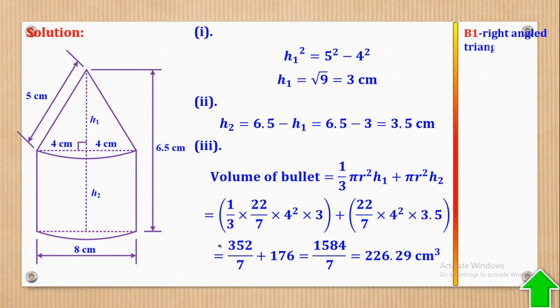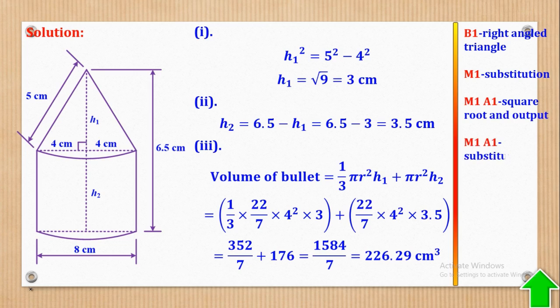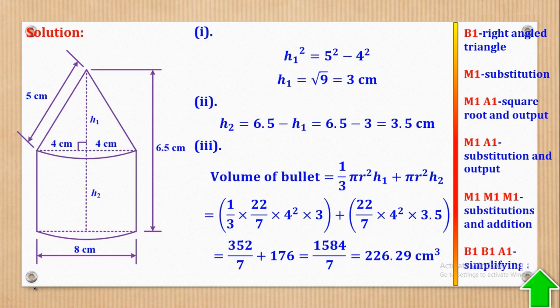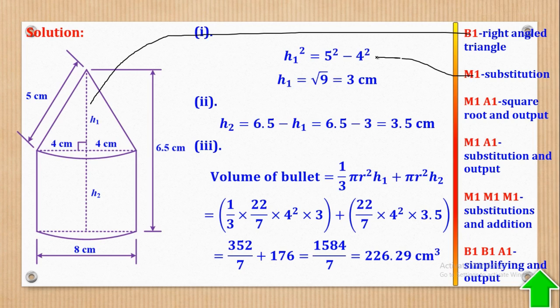Now let's see how much can be awarded. So B1 for right angle triangle, for you to extract out that. Then M1 for substituting in Pythagoras theorem, M1 for square root, and A1 for output. Here M1 for substituting and A1 for output.